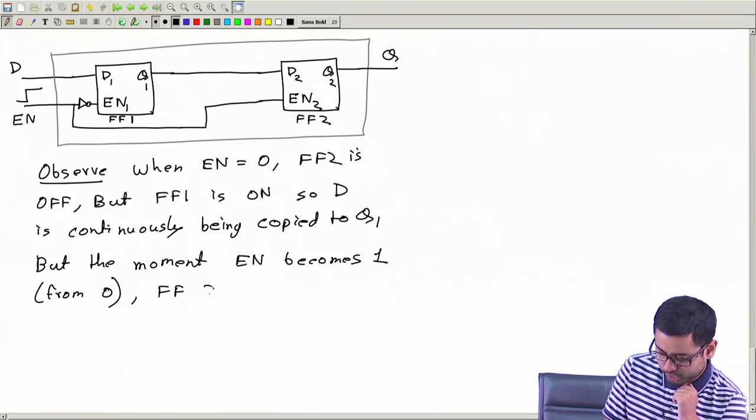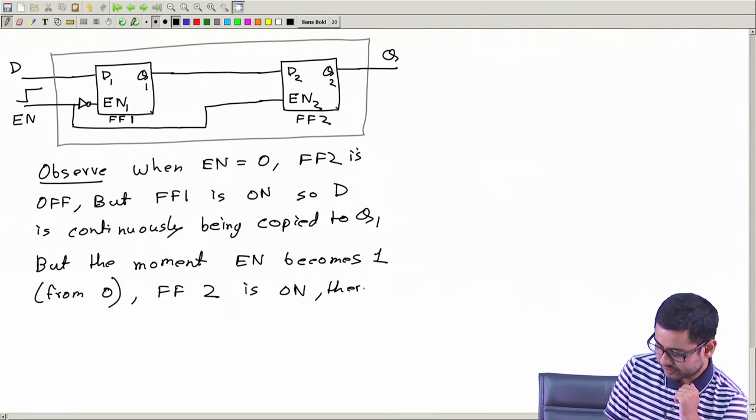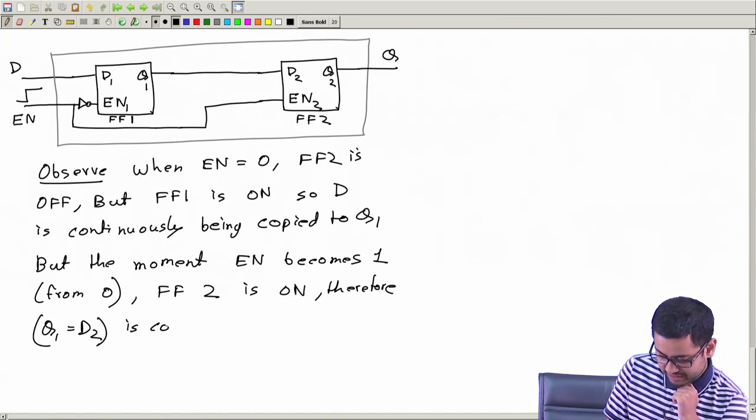flip flop 2 is on. Therefore the value of Q1, which is same as D2, is copied.